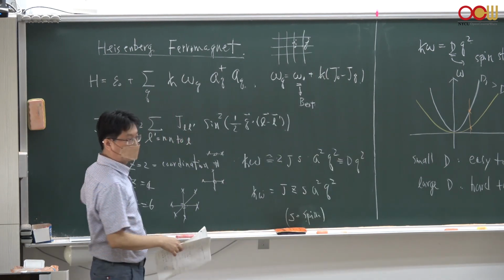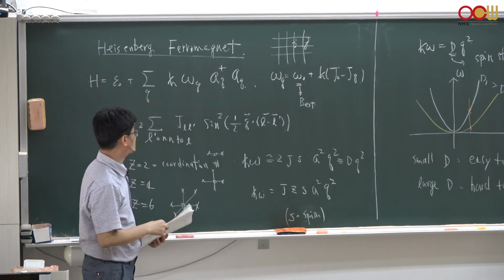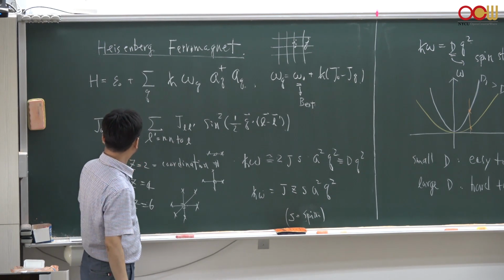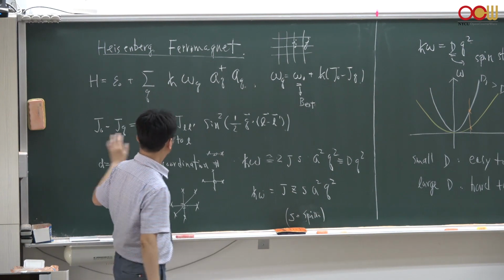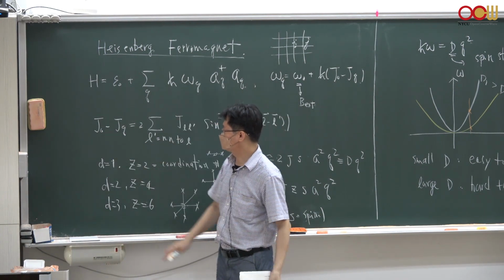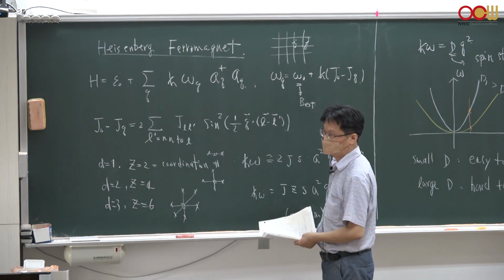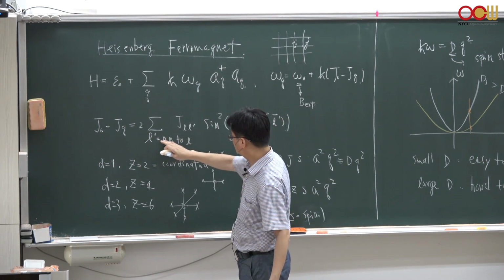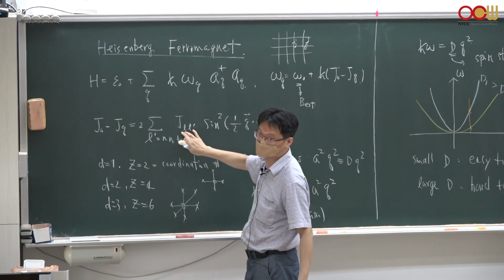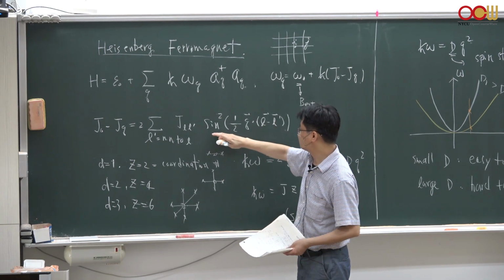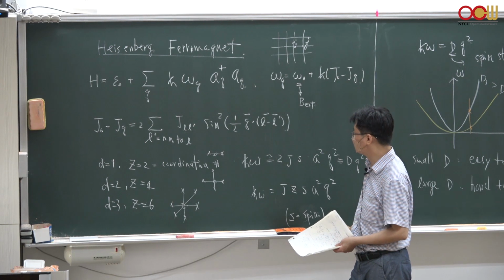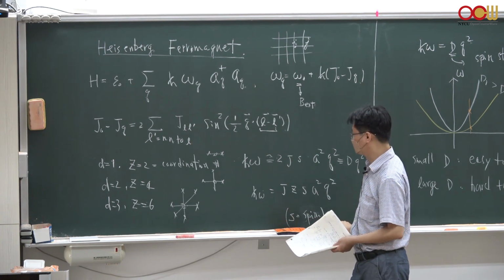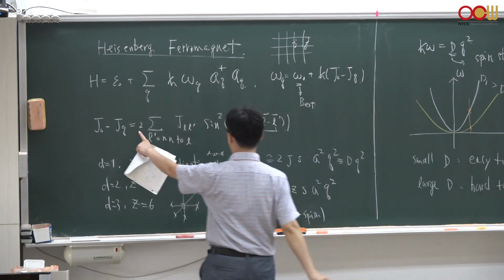So J of q is the Fourier transform of this J L L prime, and when we do so and subtract from this J0, this term J0 minus Jq is given by the sum over nearest neighbor L prime of J L L prime for a fixed L, times sine square of 1/2 of q dot the displacement vector L minus L prime, and there's a factor of 2.